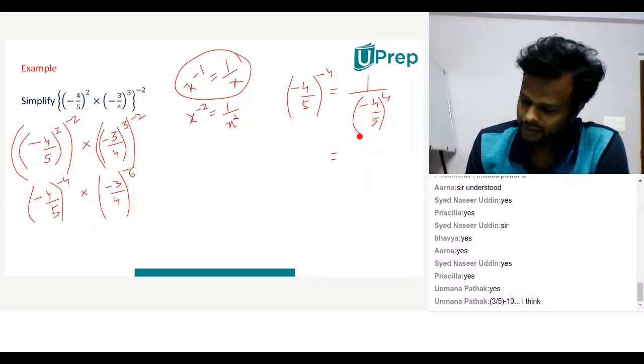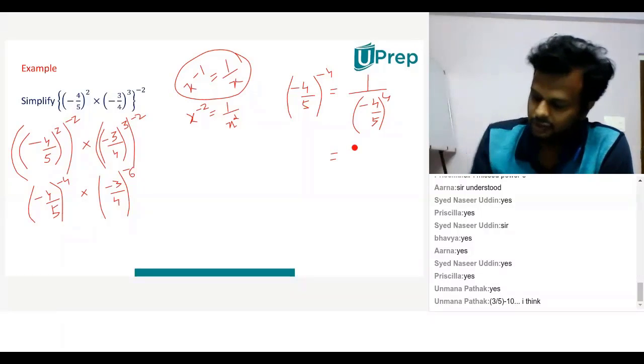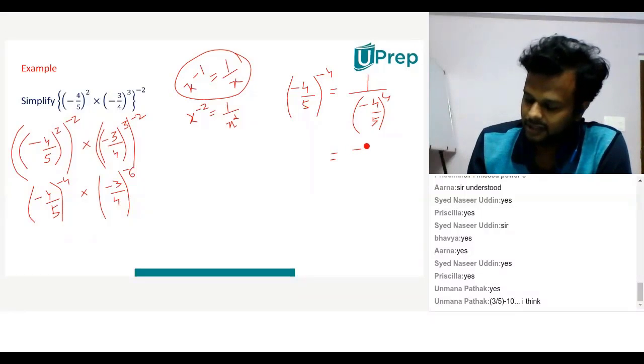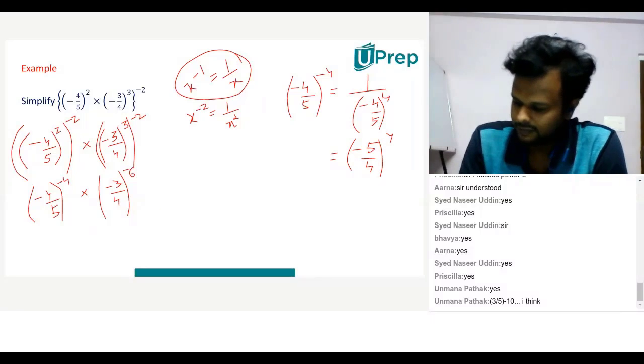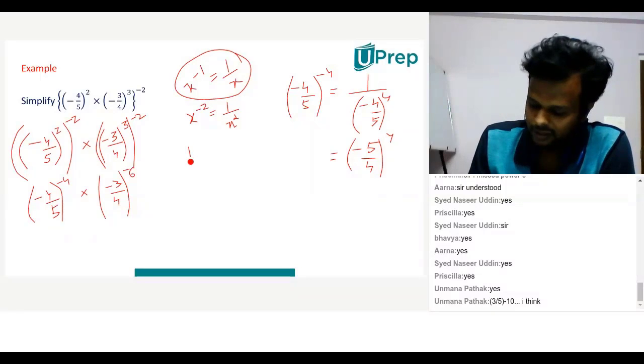Now, because it is in the denominator, it goes up. When it goes up, this becomes minus 5 by 4 whole power 4. Let me explain how 1 by minus 4 by 5 becomes minus 5 by 4. Children, you remember the division of fractions that we did.